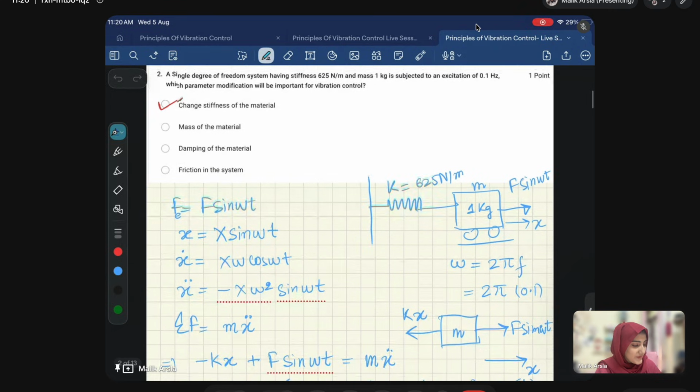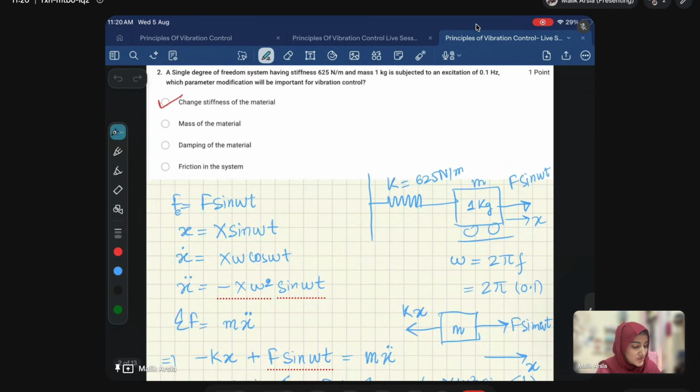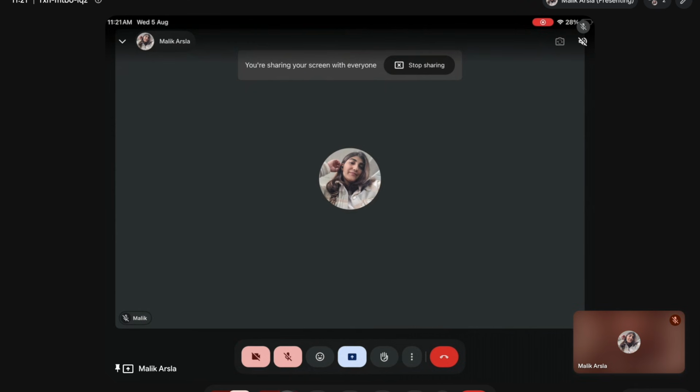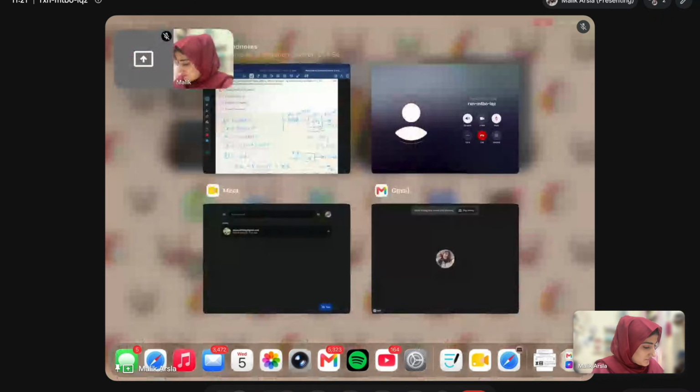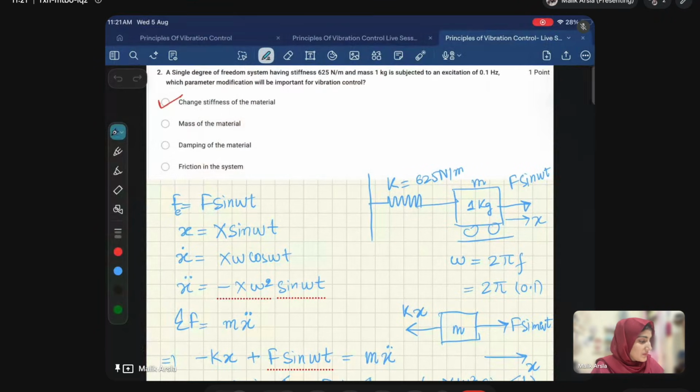So for example, we are assuming that our force, which is of harmonic nature, is F sine omega t, and corresponding to that we have a displacement x equal to X sine omega t, since this is a single degree of freedom system.